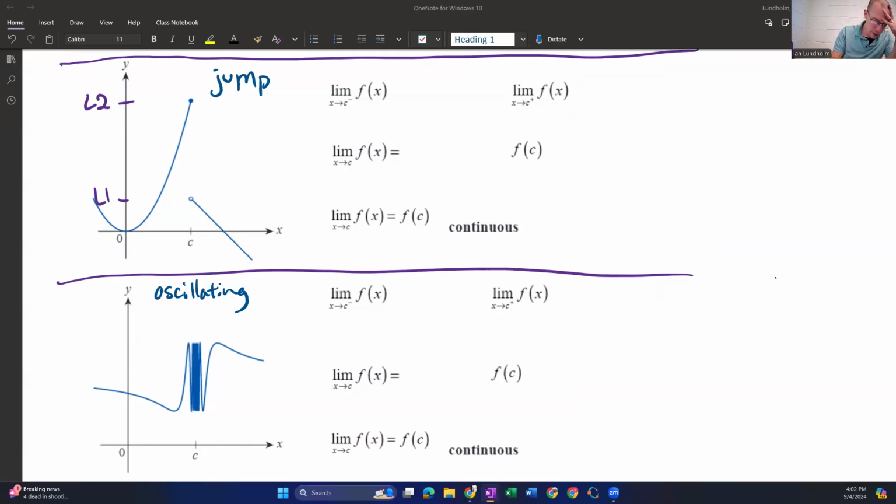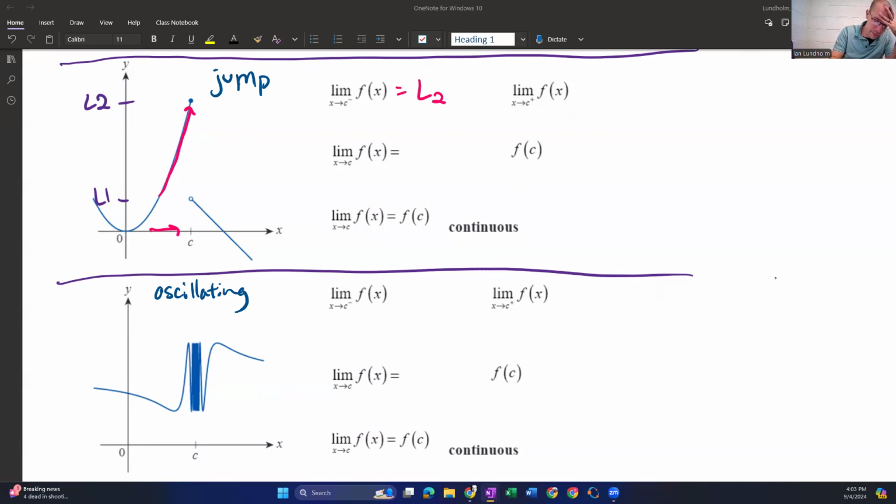As we come in along the left and approach C in the x values, we approach L2 in the y values. Maybe I should give this a subscript. That would probably be a nicer way of writing it. Cool. It approaches that y value.